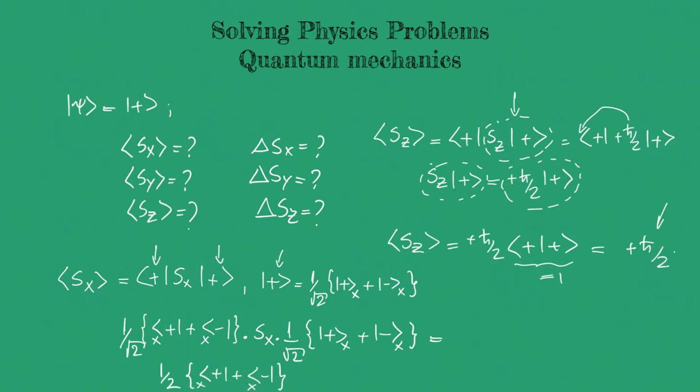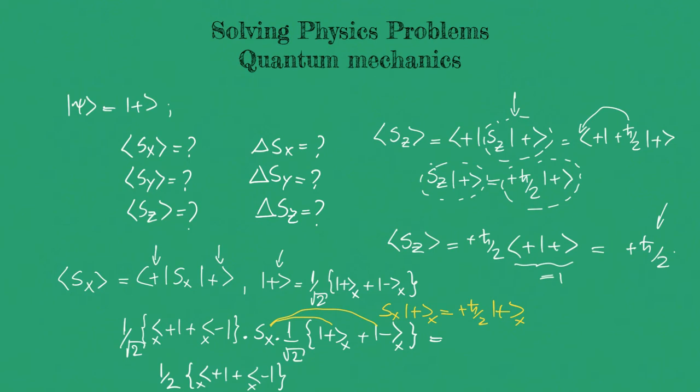And here I need to know through the eigenvalue equation what happens if this Sx acts upon this ket and upon this other ket. We know that Sx acting upon ket plus subscript x gives us plus h bar over 2 ket plus subscript x.